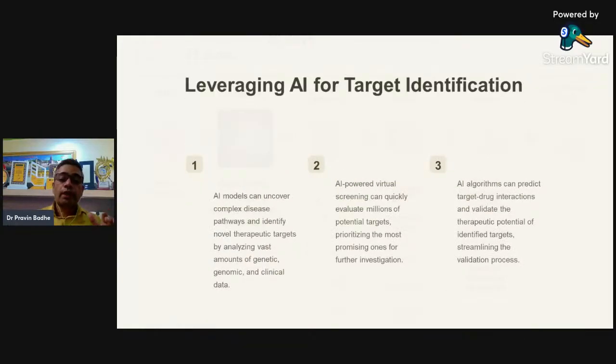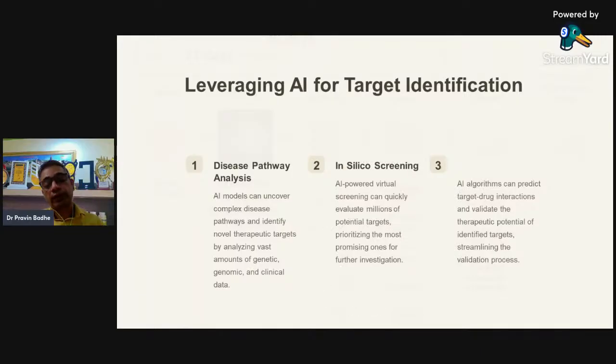So leveraging AI for target identification is the first step, where disease pathway analysis is done. I just told you what we did: we utilized network pharmacology, which is again a computer-based methodology, where you can look at the databases and identify the targets. The pathways of those targets can be analyzed, and you can identify the novel target, which can be useful for taking it further into preclinical and clinical study.